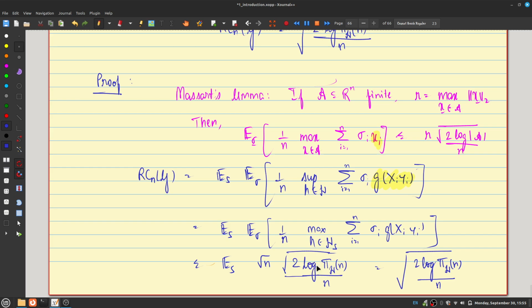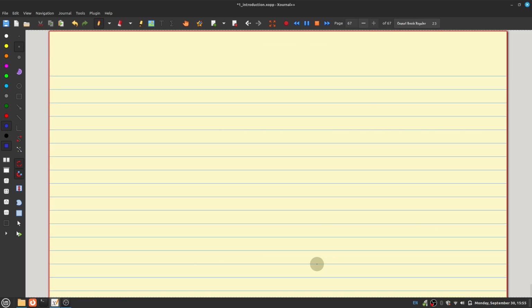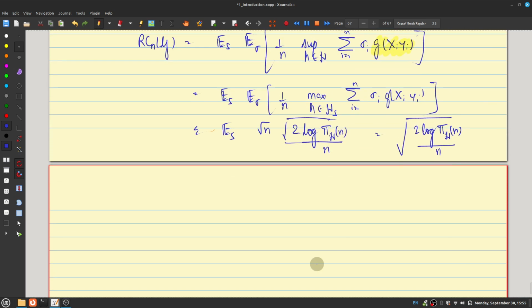Okay. What would be the cardinality of A? Well, A is equal to H_S, right? For a given S, for a given n, what is the maximum value that the size of H_S can take? Correct, which is the growth function, right?